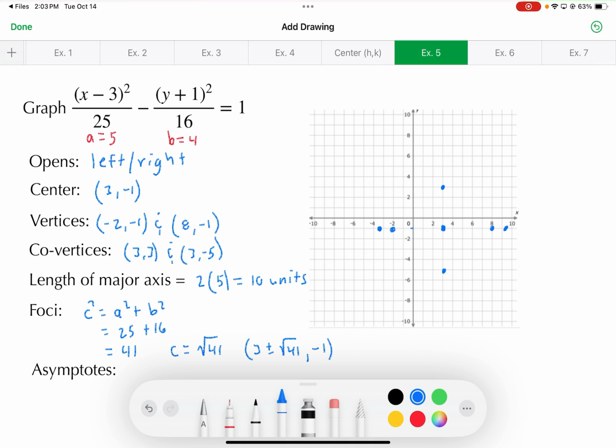Okay, now let's draw in the rectangle that passes through the vertices and the co-vertices. And the whole point of doing this is to be able to draw the asymptotes, right? Asymptotes will go through the center of the hyperbola and the vertices of that rectangle.